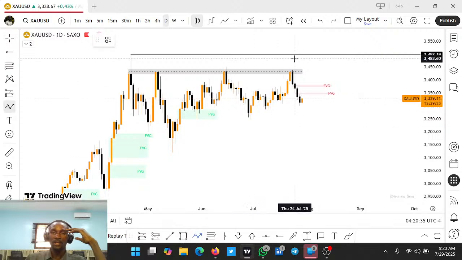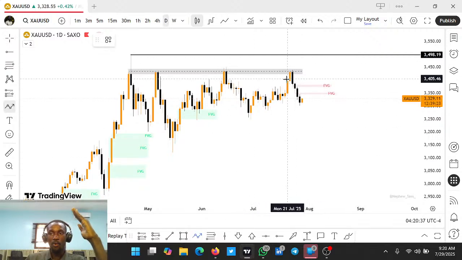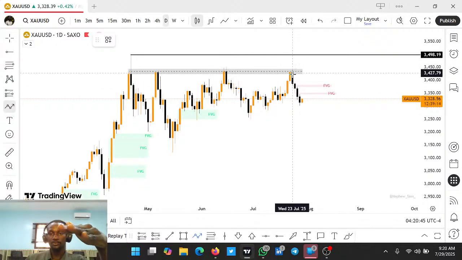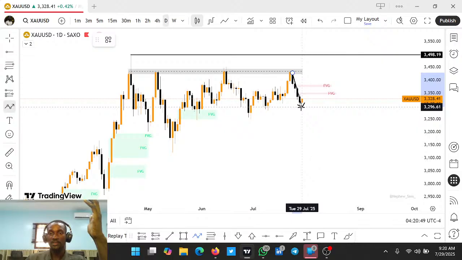From the daily time frame I get my bias, where the market is going. Since four days straight gold has been selling, I have no choice than to look for opportunity to sell in the market.